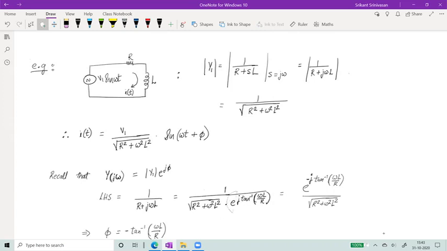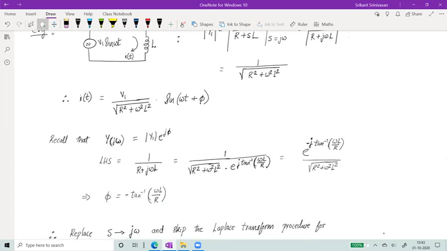If I take the denominator term on top, it is e power minus j times tan inverse omega L by R. That means phi is minus tan inverse omega L divided by R.